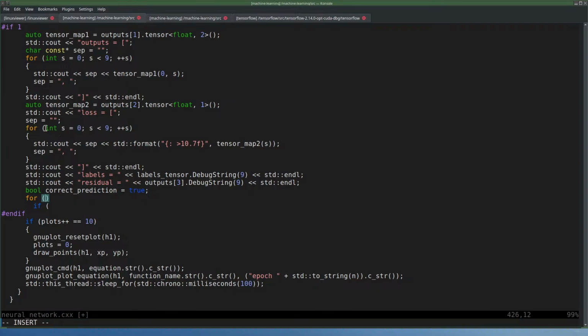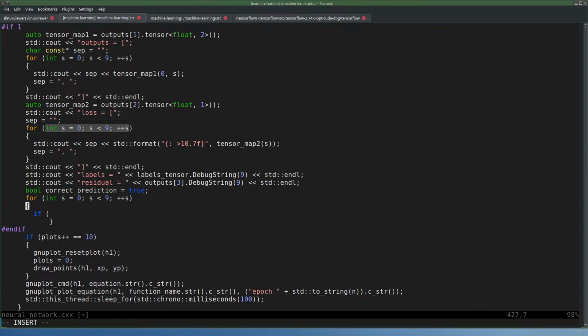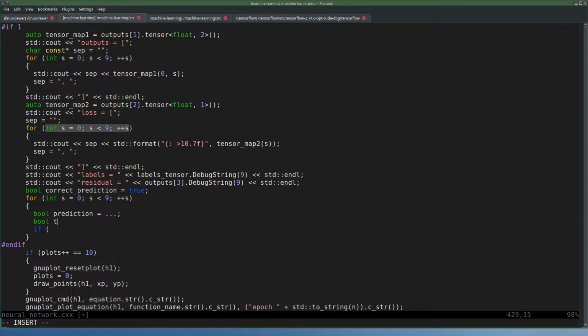Run over all the 9 samples that we have. And then get the prediction. And the target.